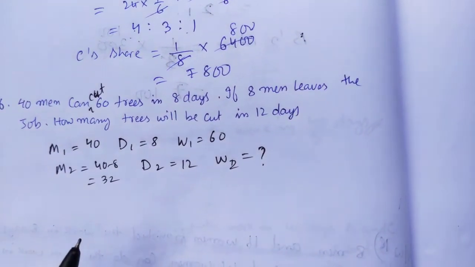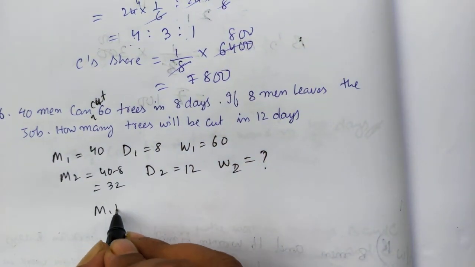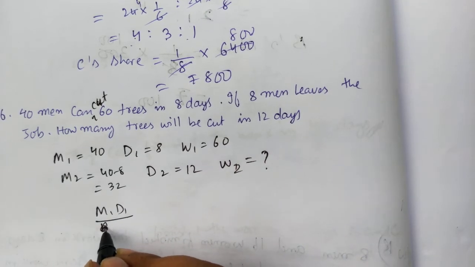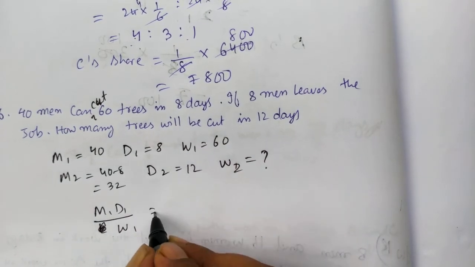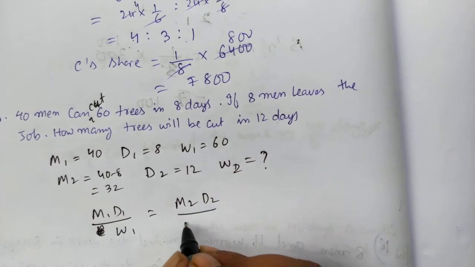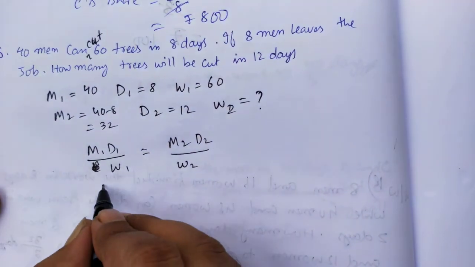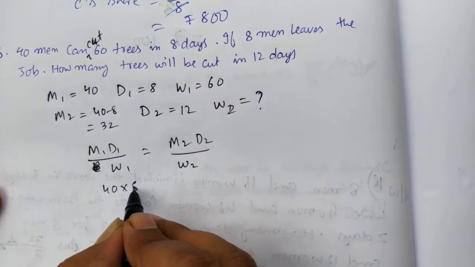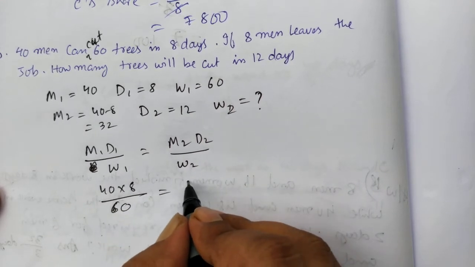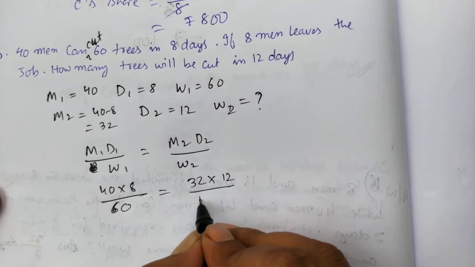Okay, so use the formula M1 D1 by W1 equal to M2 D2 by W2. Put the value and find W2. M1 is 40 into D1 is 8 by 60 equal to 32 into 12 by W2.